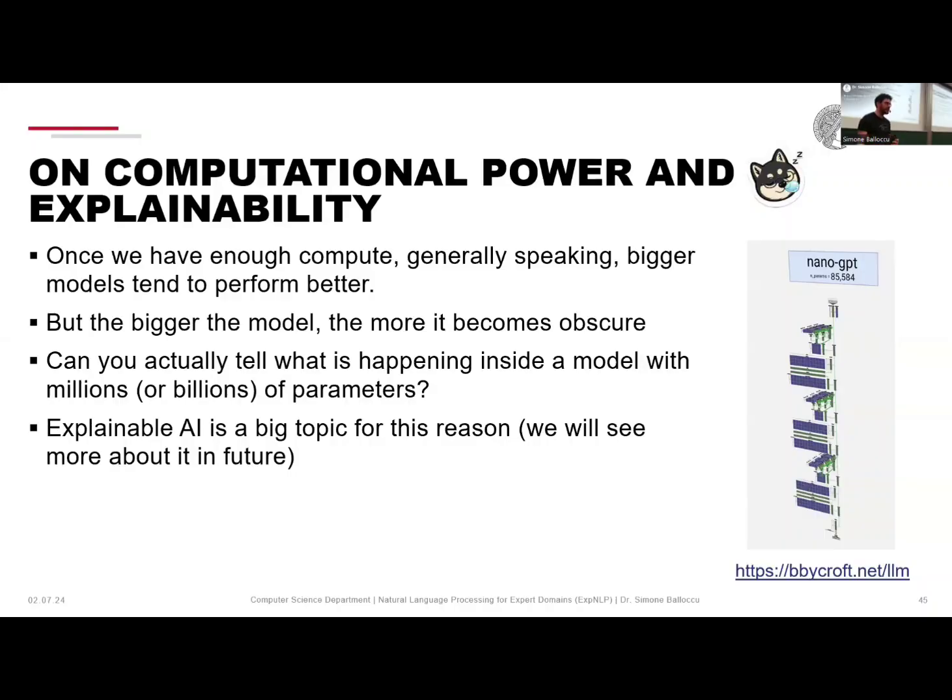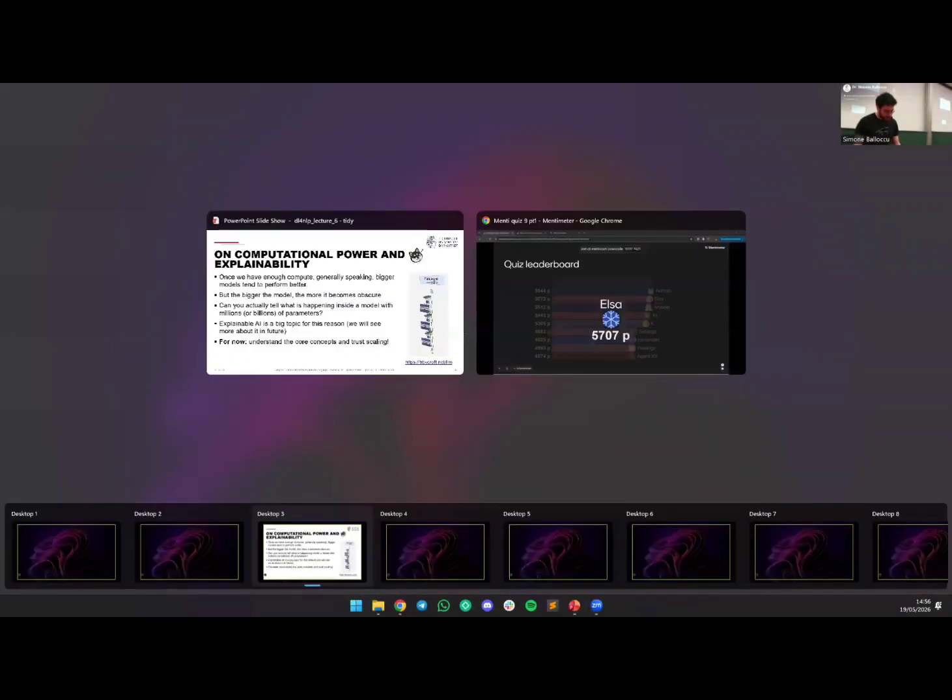It's a hot topic, how to actually crack open the transformer and understand what those 2 billion numbers mean together. For now, just trust the scaling and the core concept, but I can actually show you.